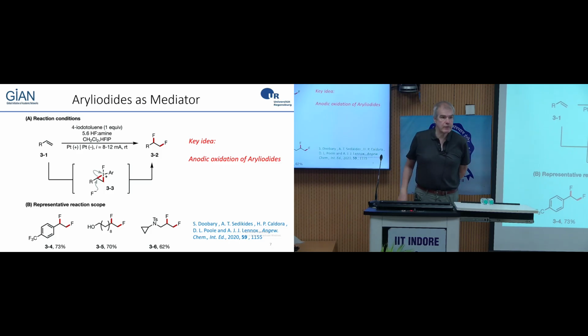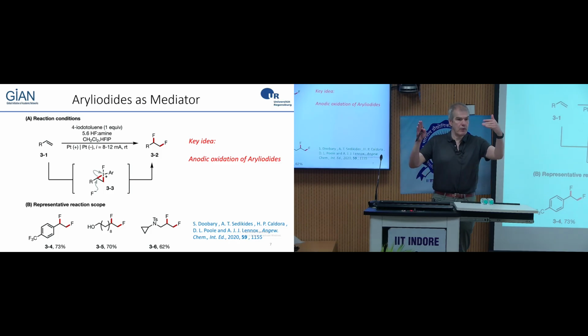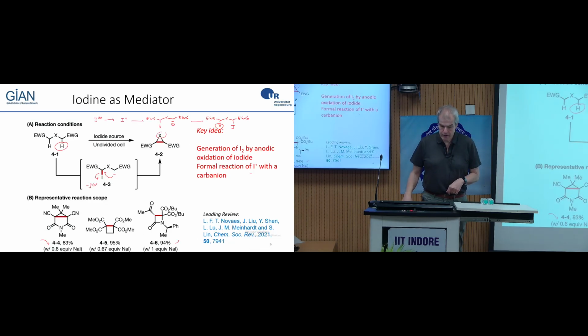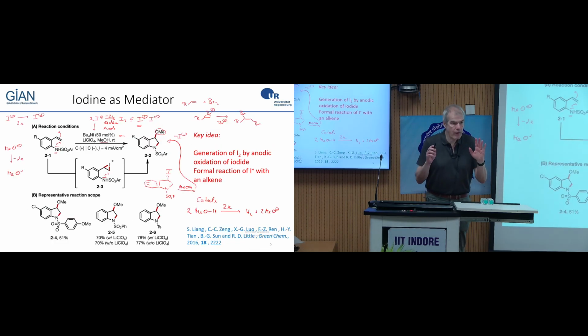But see how nicely that is accomplished here. So they accomplish a difluorination. So essentially, they are able to add formally the fluorine to a double bond. But what they do is the same principle which we have seen before with the 2 nucleophiles. It's in a way a variation, but also a very clever variation, right?